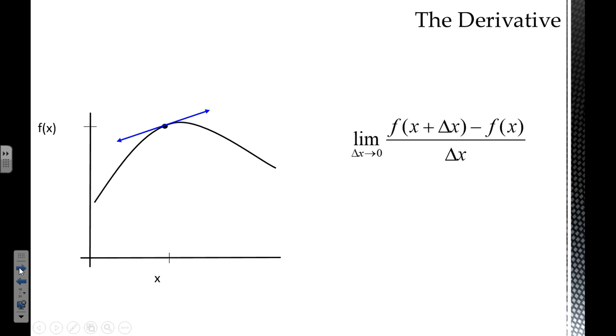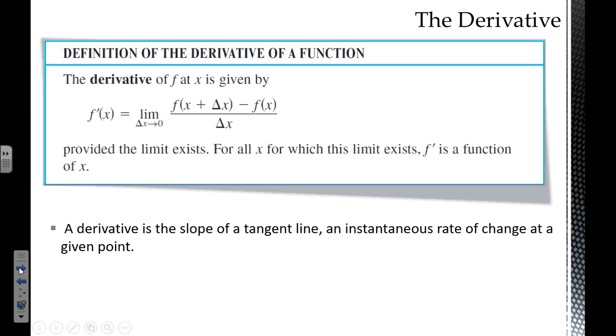I just told you something about the slope of the tangent line. I told you that it was what? The instantaneous rate of change. And the instantaneous rate of change is the derivative.